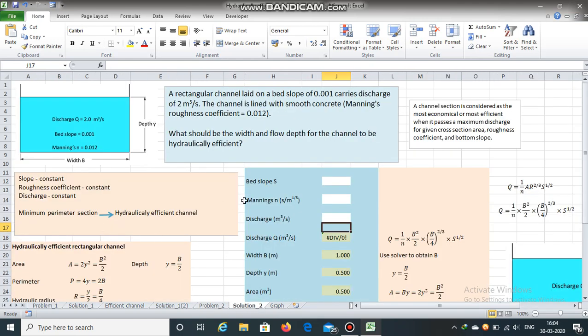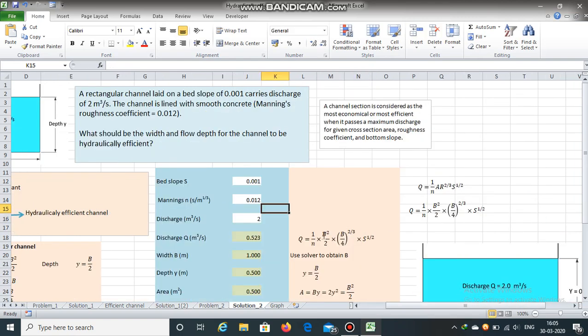Now bed slope is 0.001, Manning's roughness coefficient is 0.012, discharge is 2 meter cube per second. We obtained this equation from Manning's formula.